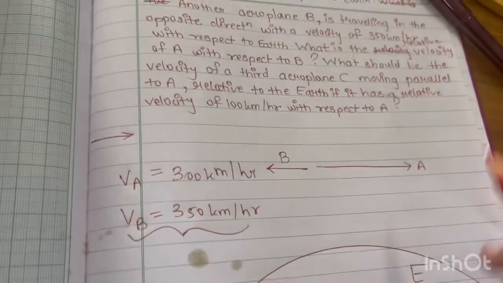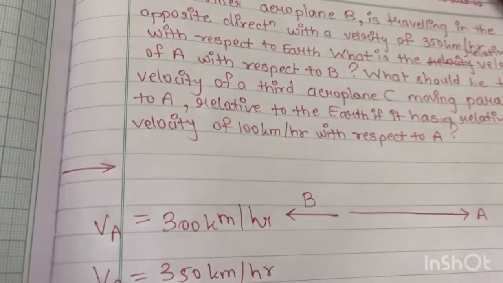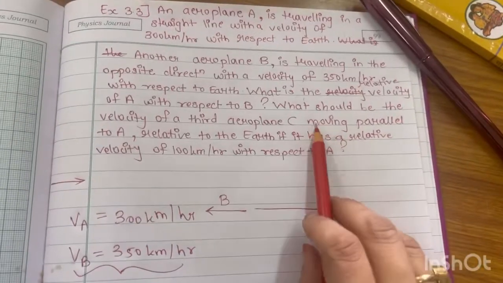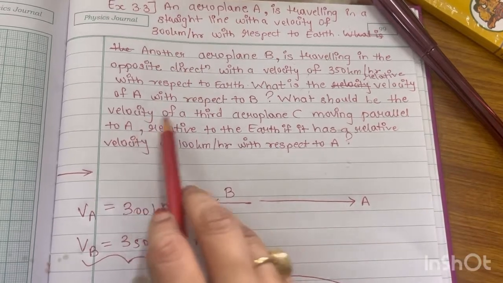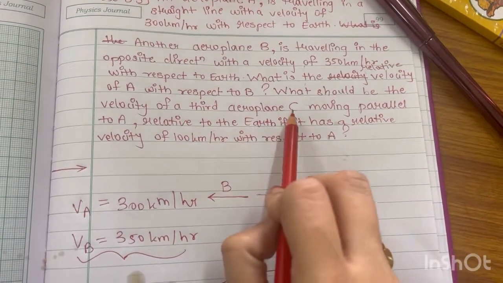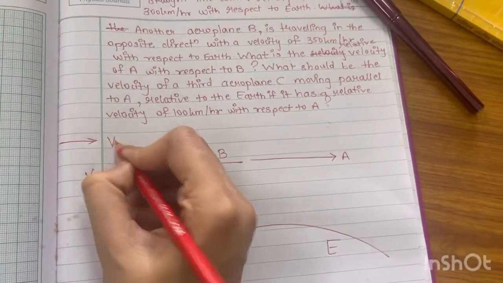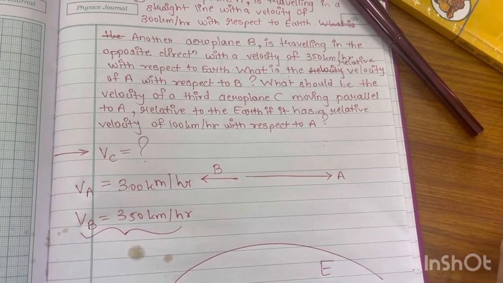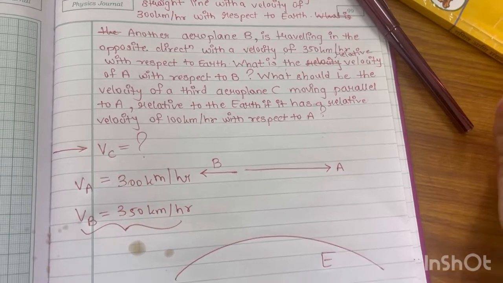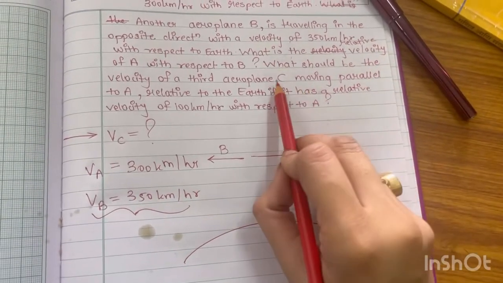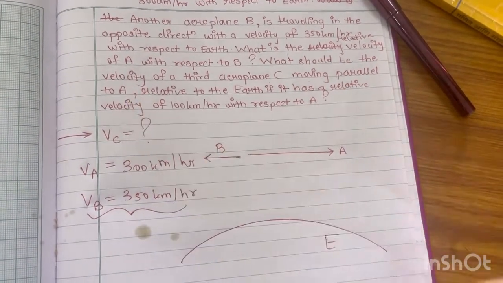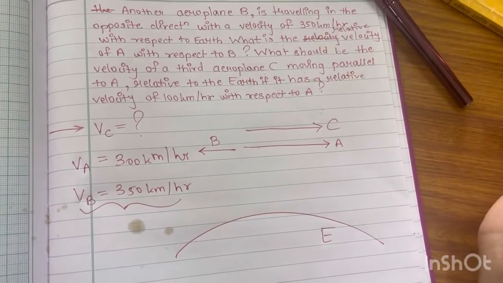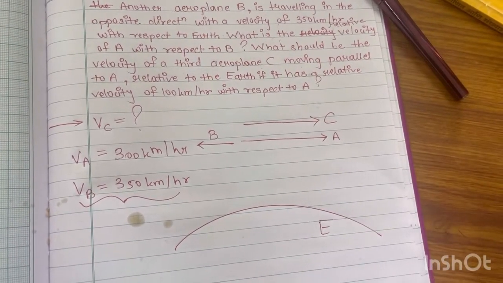Okay, then the next thing: what is the velocity of a third aeroplane C? Now we have a third aeroplane and they are asking us to calculate the velocity of the third plane. Let me see the directions of the third plane. This third plane is moving parallel to A relative to the Earth.